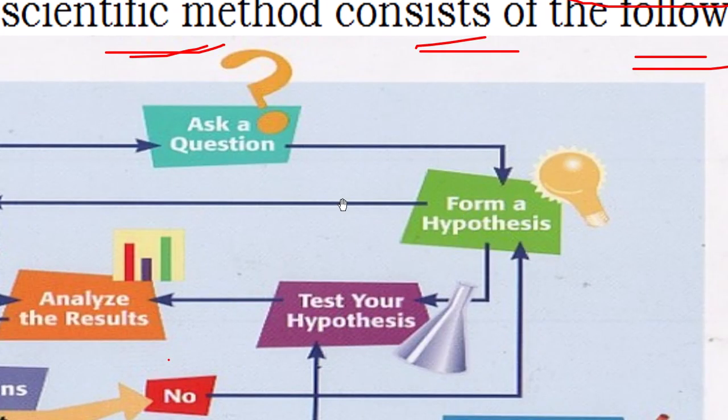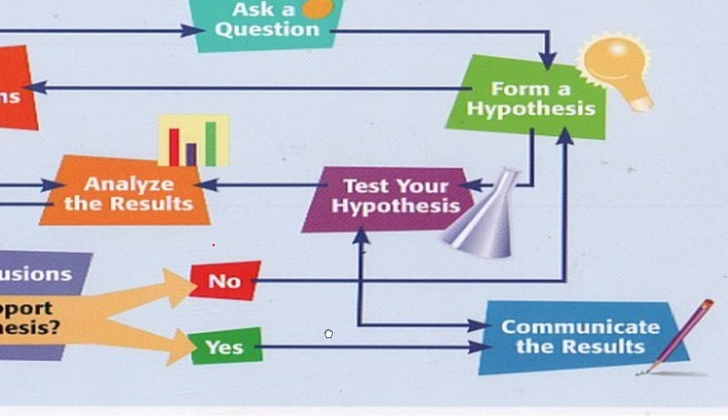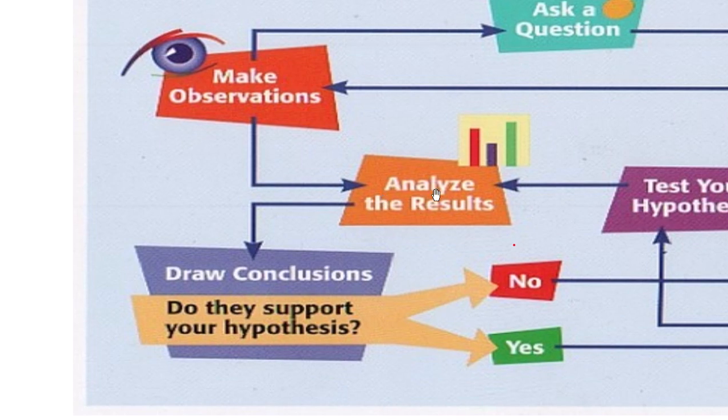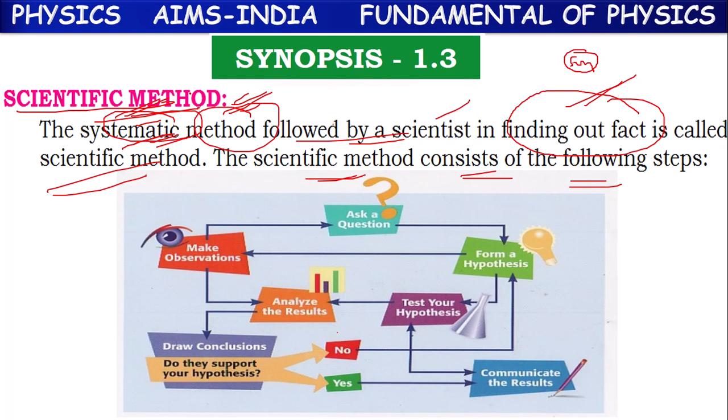By asking questions, form a hypothesis, test your hypothesis, communicate the results, or from the results, draw conclusions. Do the conclusions support the hypothesis, yes or no? Like that, in the scientific method, we will come across so many steps. So let's learn one by one in detail.